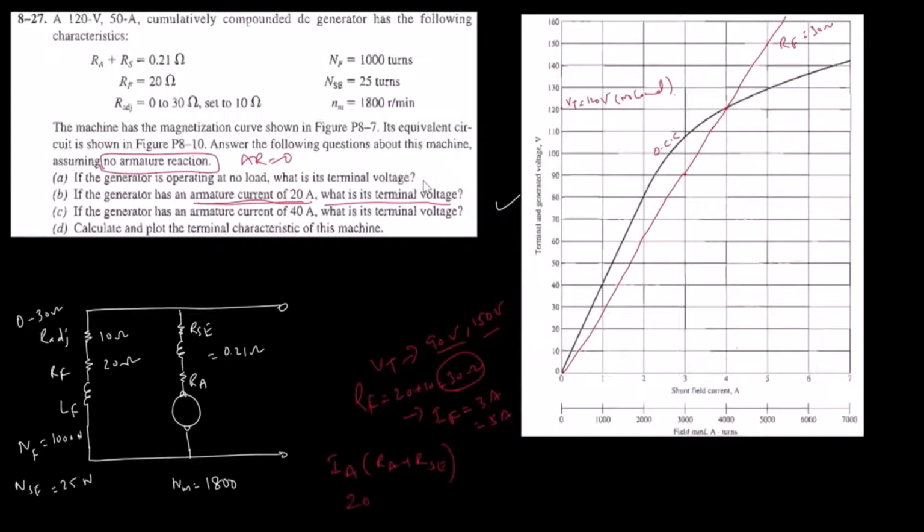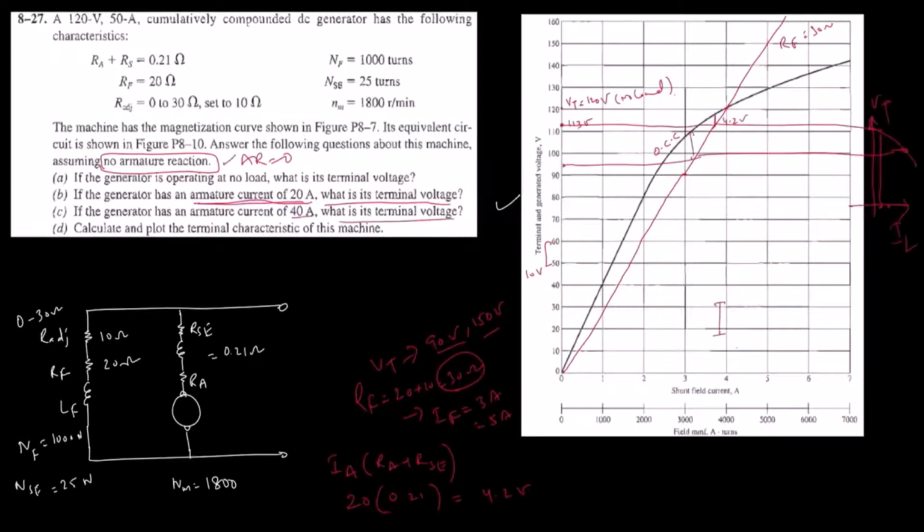IA is 20 amps, RA plus RSE is 0.21 ohms, so it comes to 4.2 volts. Here vertically, 1 centimeter is 10 volts, so 4.2 is just less than half of this centimeter.